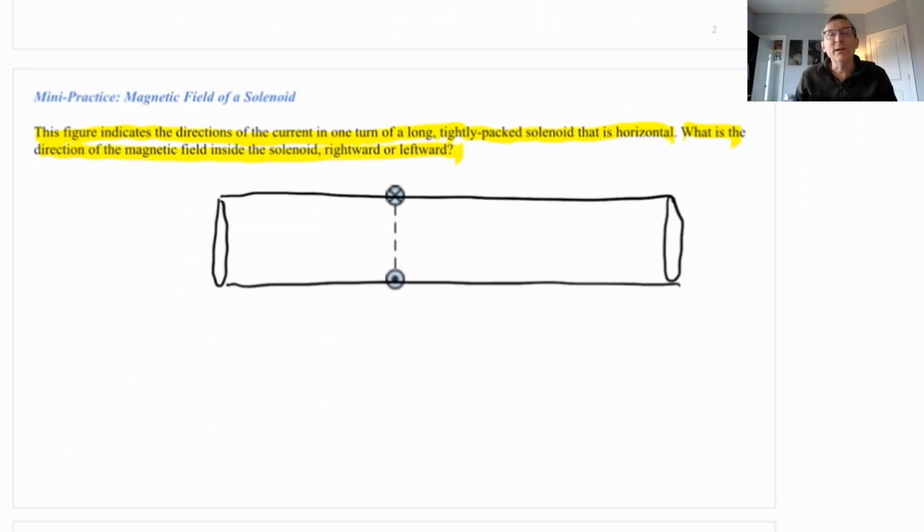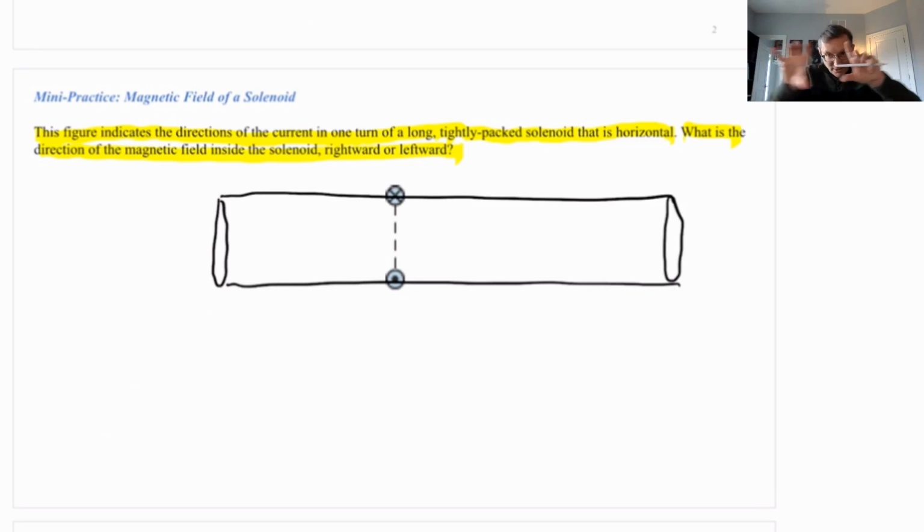All right, so you basically want to use the shortcut right-hand rule to get the direction of B. All you've got to do is imagine that there's the cylindrical solenoid. You're going to reach in with your right hand and grab hold of that cylinder with your fingers wrapping around it in the direction the current is flowing.